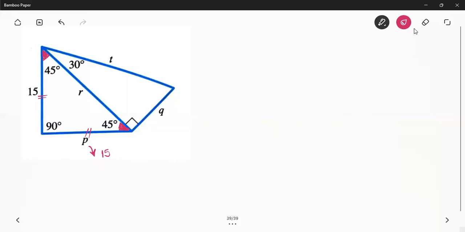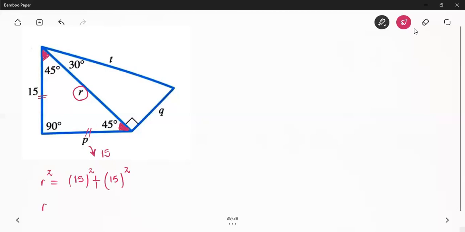We are talking about R, the hypotenuse. Based on the Pythagorean theorem, R squared is equal to each length squared, which means we have 15 squared plus the other one, which is 15 squared.